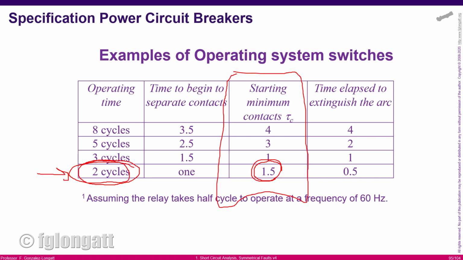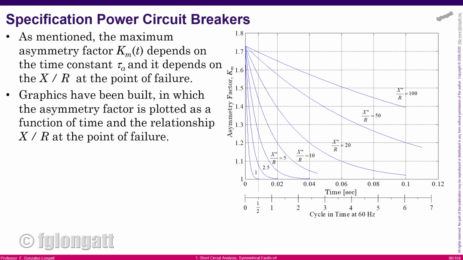This number will be used when you go to these plots over here, and for instance we are saying 1.5, and depending on the X/R ratio, you will have different asymmetry factors.